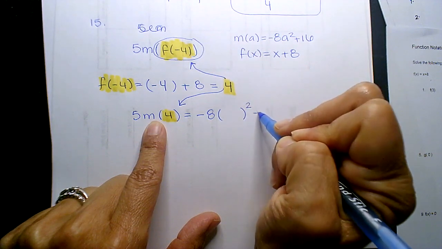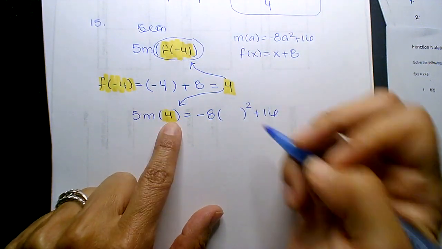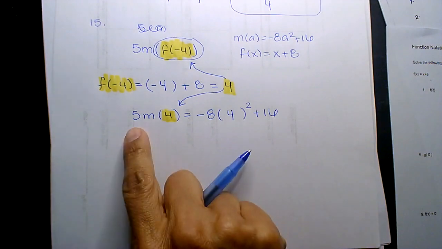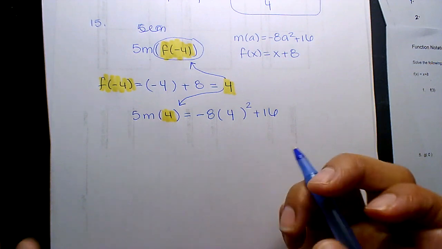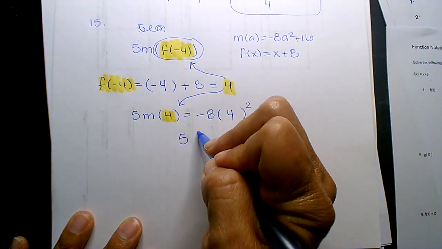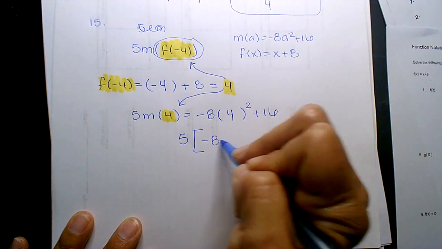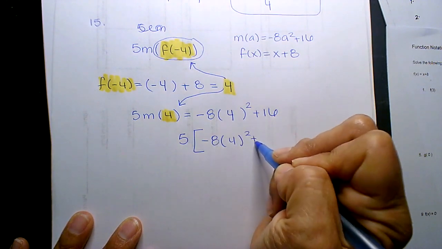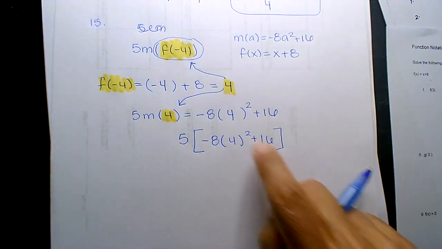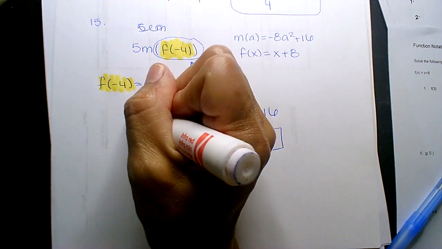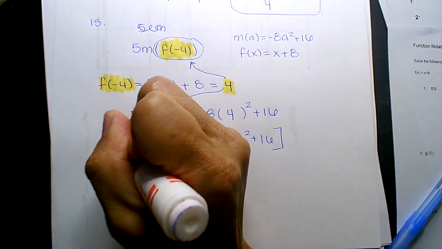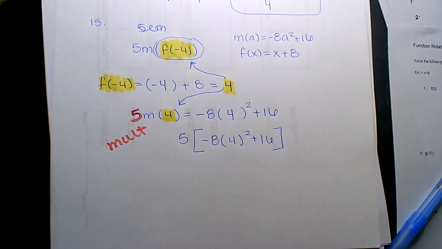a squared plus 16. You're going to plug in a 4 there, but you have to remember you have 5 times that. So how do you want to do it? If you want to write it like 5 with a big bracket and solve it, or you would just have to remember that when you solve this, there's a 5 that needs to get multiplied at your results. Yeah?